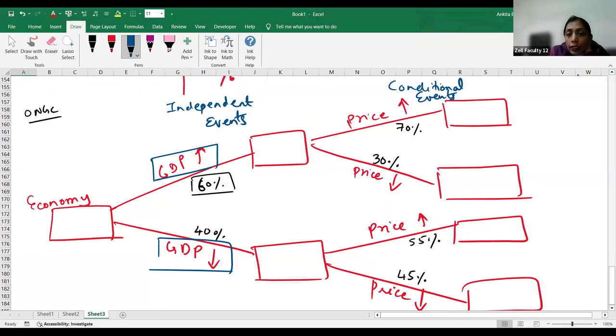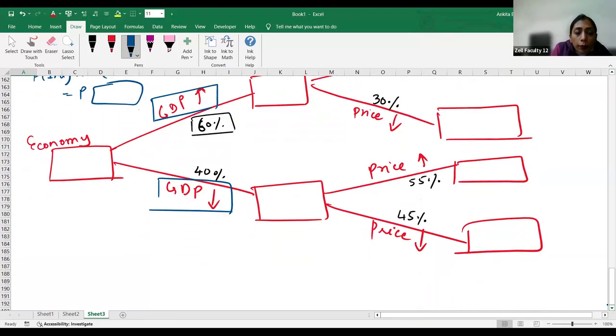Now, remember that if I take the probability of an independent event and multiply it with the probability of a conditional event, what probability do I get? So how do I write the probability of A and B?